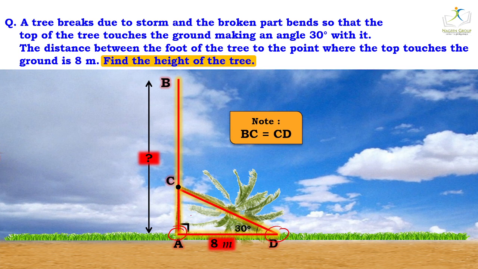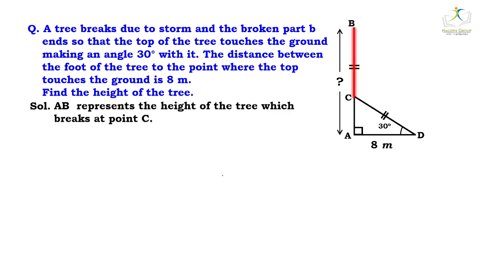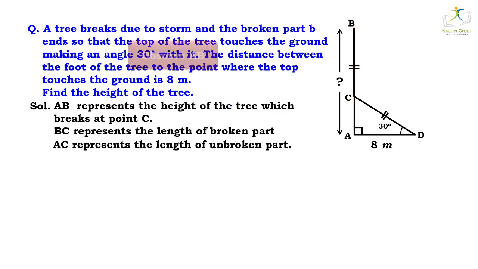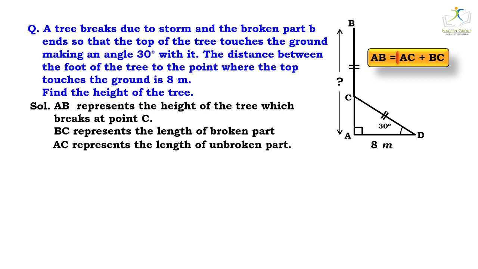So here BC equal to CD. जो ये गिरा है यही तो नीचे वाला पोर्शन है, right? Now this is the figure. We need to find out this BC and here AC, right? So observe AB. AB is made up of AC and BC, and here we first find out AC.